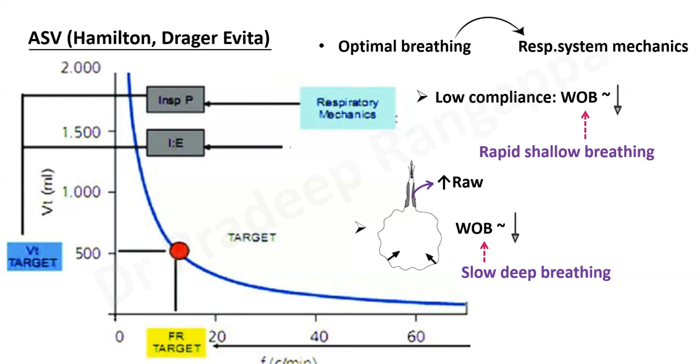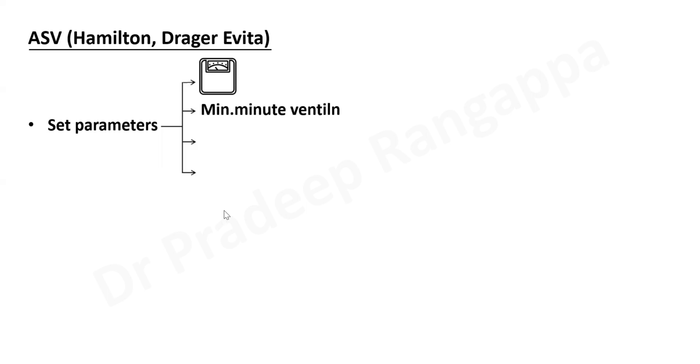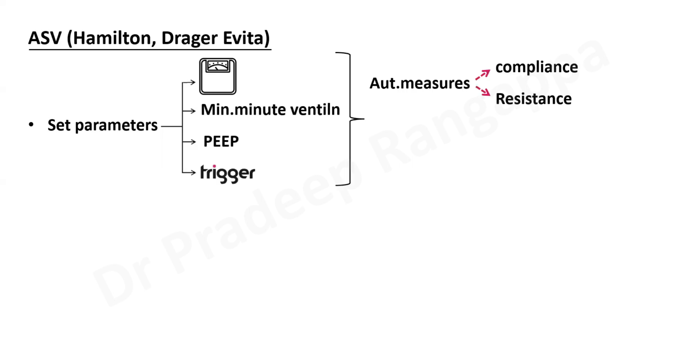So automatically the machine is plotting the graph to determine at what tidal volume and at what flow rate optimal minute ventilation happens. It adapts to the patient's needs. That's why it's called adaptive support ventilation. The parameters one sets are the body weight of the patient, the minute ventilation that we need to attain, the PEEP and the trigger. These are the things that we set.